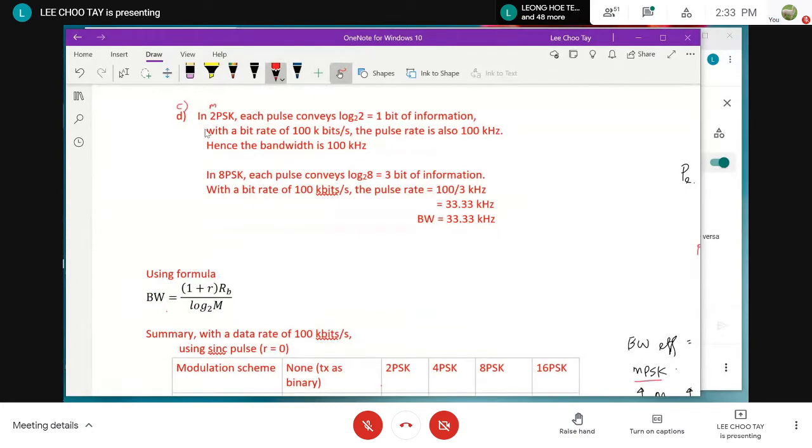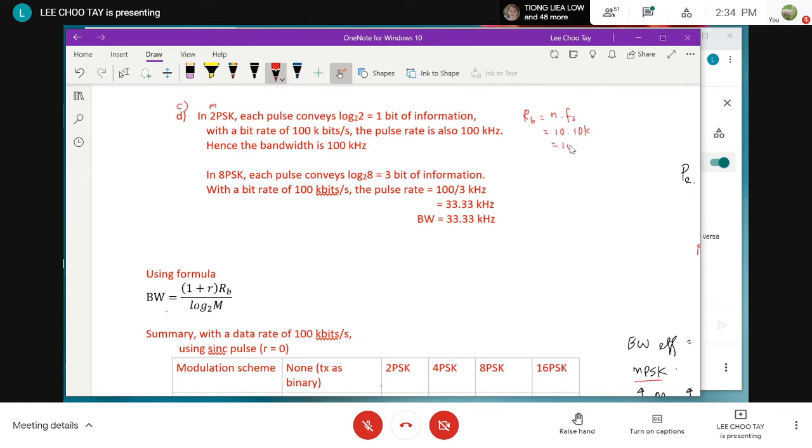Okay, so if we are using 2 PSK, each pulse conveys 1 bit of information. Now, with the bit rate, how do I get this bit rate? This R_B, basically, I take n times fs, where n is 10 and my sampling rate is 10K.